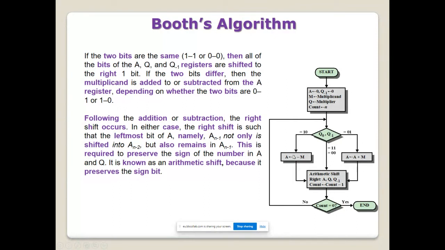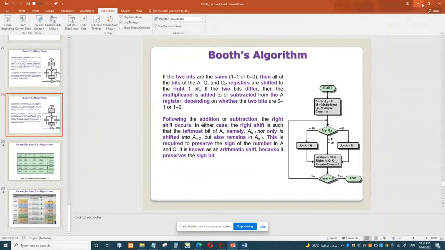First we have done A minus M because Q0 was 1 and our Q minus 1 was 0. Since this is the combination, we have to do the subtraction, that is, M will be subtracted from A, the result will be stored in A, and then from here we have to do the arithmetic right shift. Are you understanding? Any question?